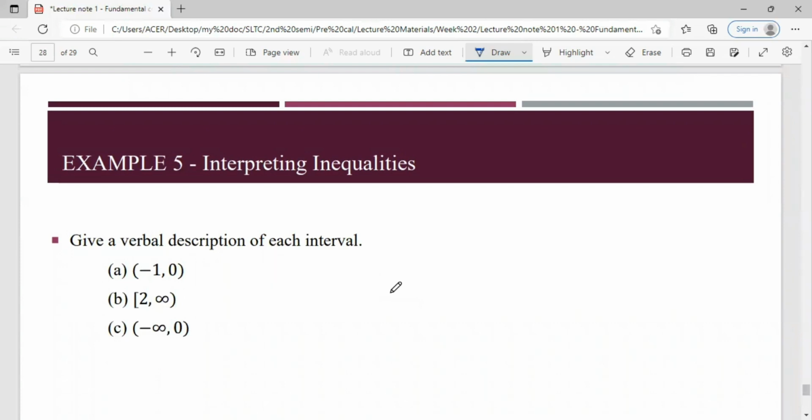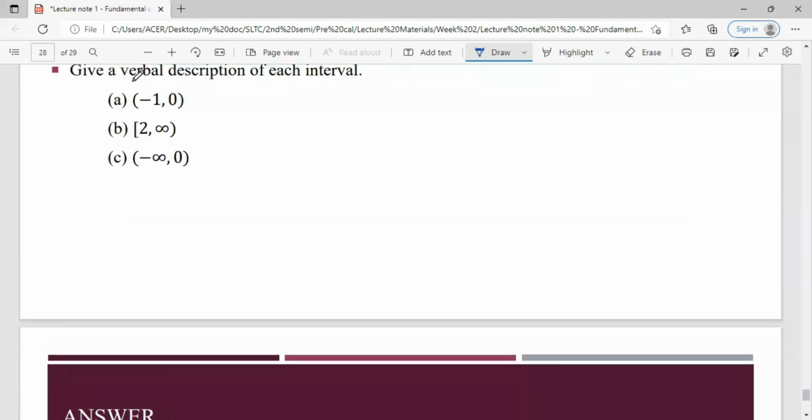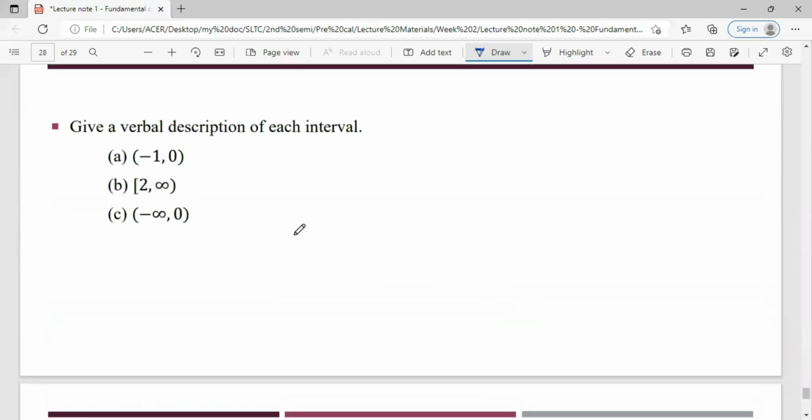Next, there is an example on interpreting inequalities. Give a verbal description of each interval. Here we have (−1, 0), [2, ∞), and (−∞, 0). For the first interval, it consists of all the real numbers in between that are greater than −1 and less than 0.